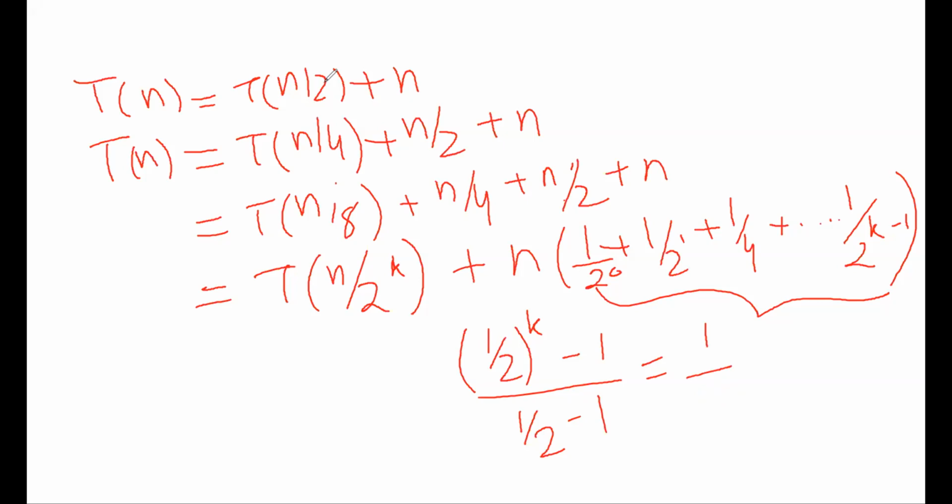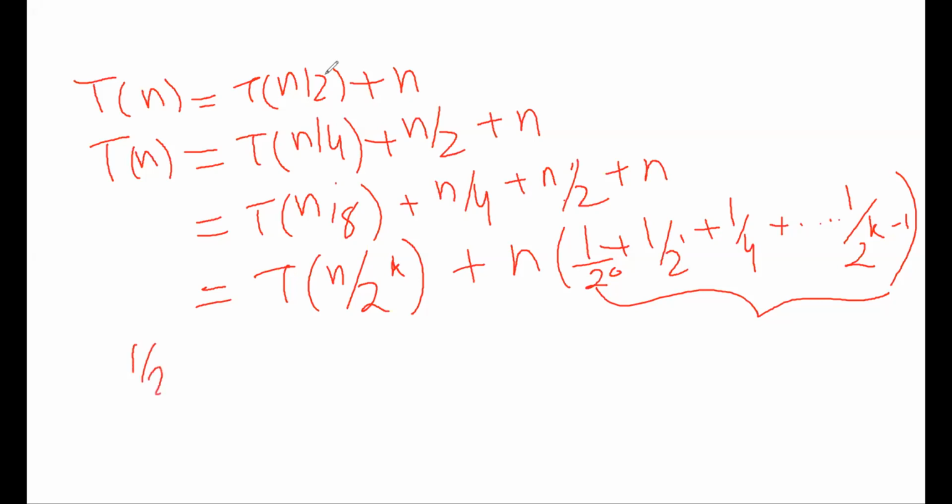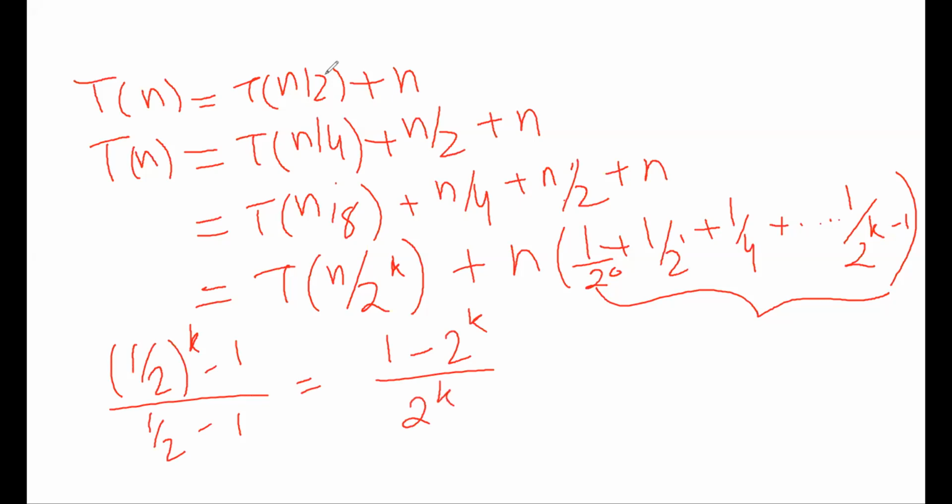Let me write it here on the left hand side so that it fits in. So 1 minus 1 by 2 to the power k, divided by 1 by 2 minus 1, which is 1 minus 2 to the power k by 2 to the power k.